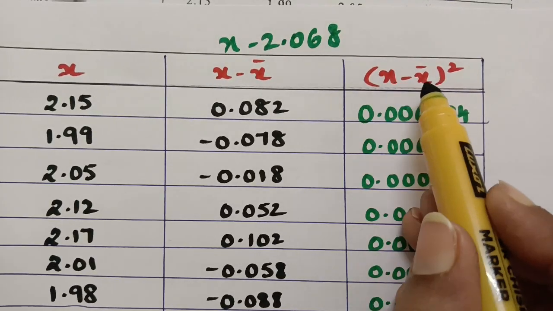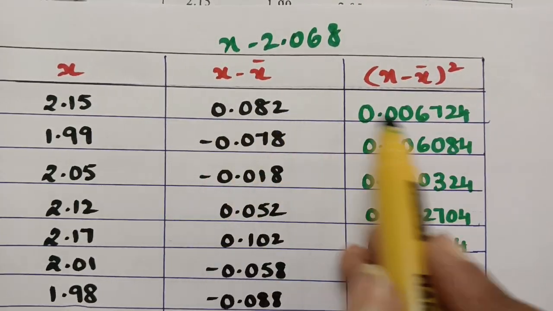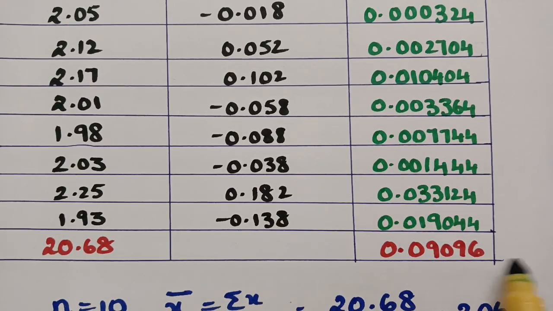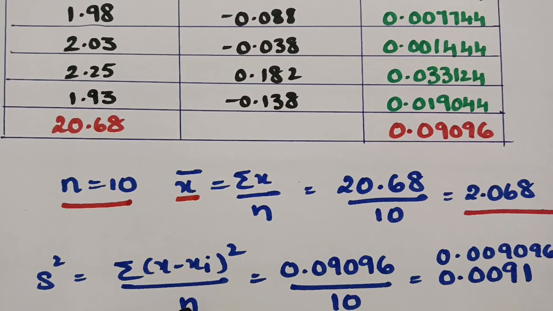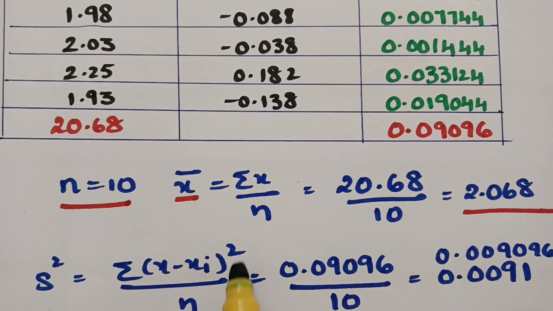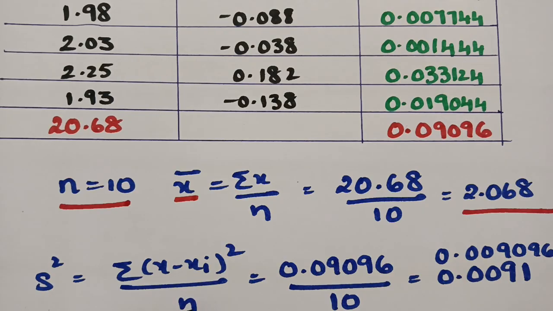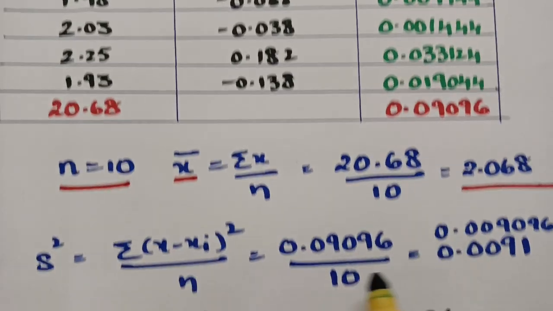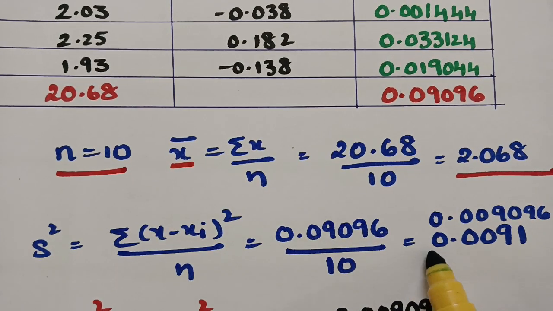The next column is x minus x bar whole square, so we make the squares. Then s square is equal to sigma of x minus x bar whole square by n. The total is 0.09096 divided by 10.